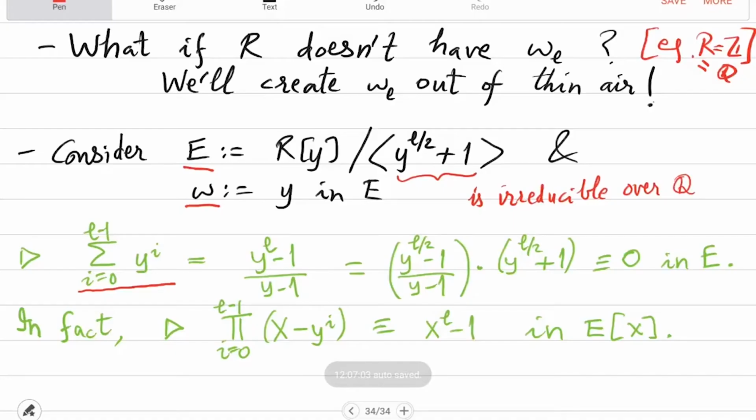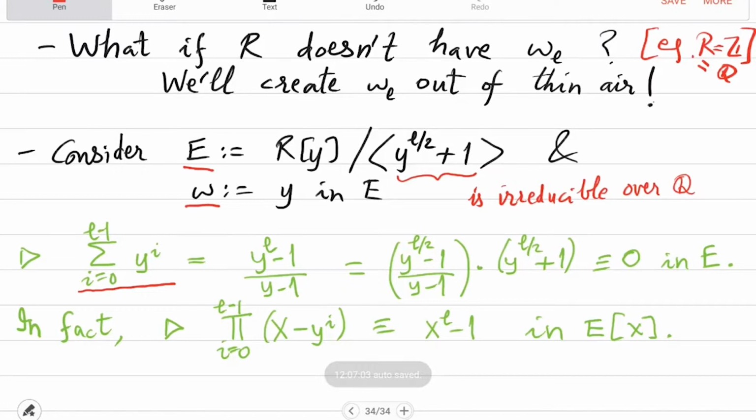So that gives you the first equality. And once you have the first equality, then you can simplify it. It's an exercise: show that the polynomials y minus 1 and y to the L by 2 plus 1 are co-prime. It's a one-line argument.